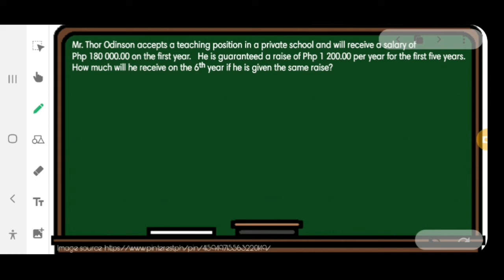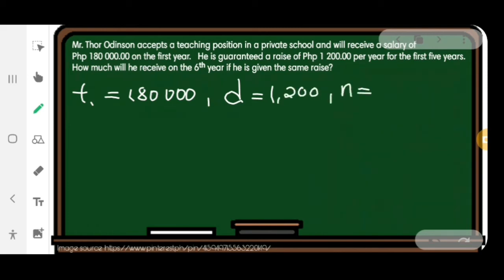Okay, now, so our first term here is 180,000. The common difference is 1,200, while n is equal to 6.